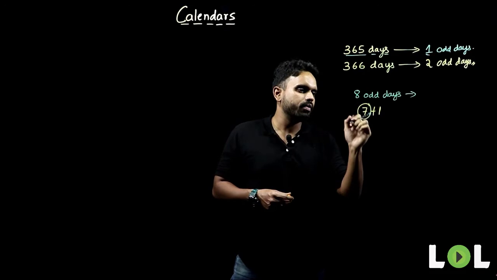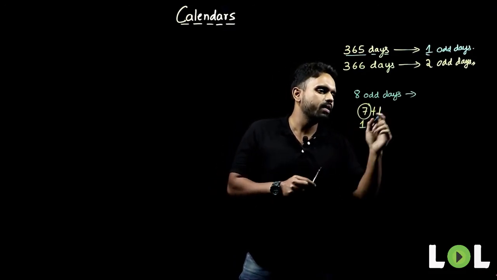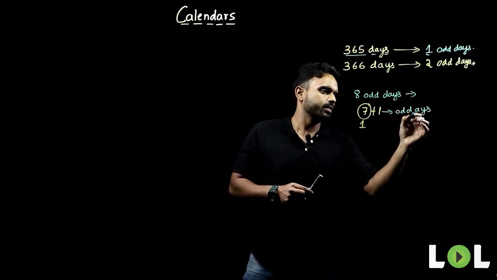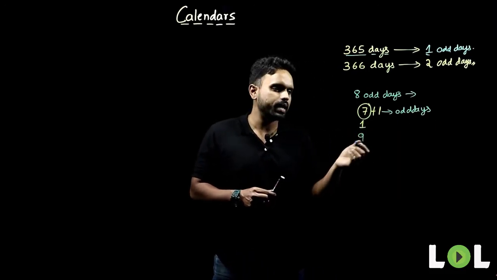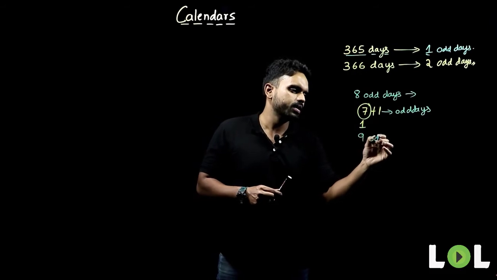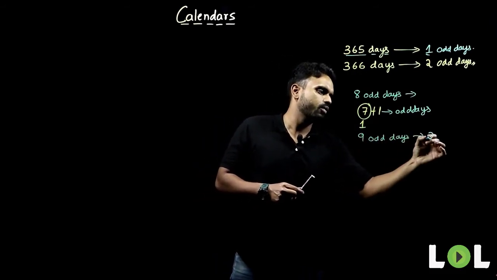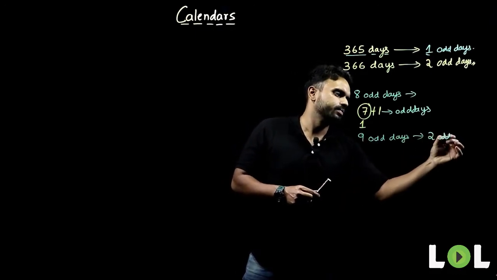I'll have formed 1 week and only 1 odd day will be remaining with me. If I have 9 odd days, how many odd days will I have in total with me? I'll have only 2 odd days because I would have formed a week of 7 days.